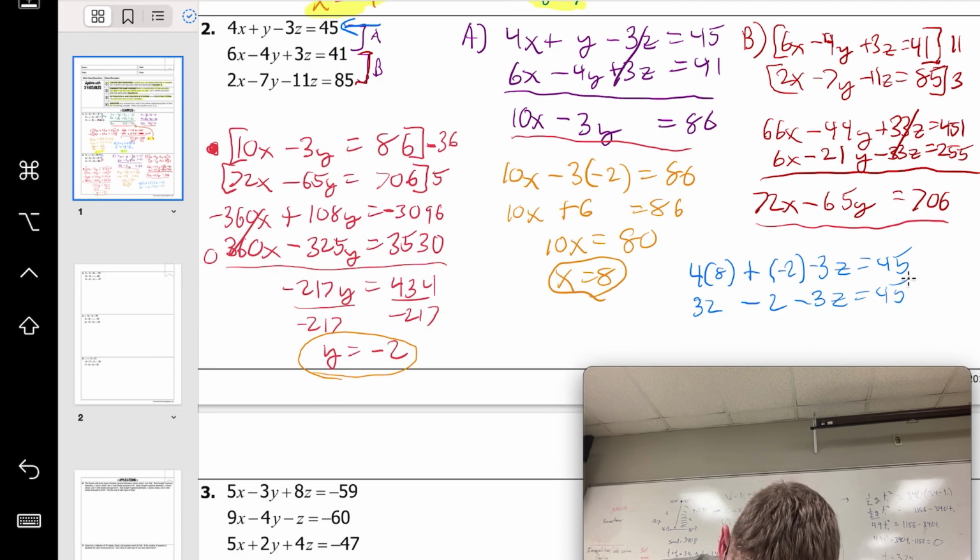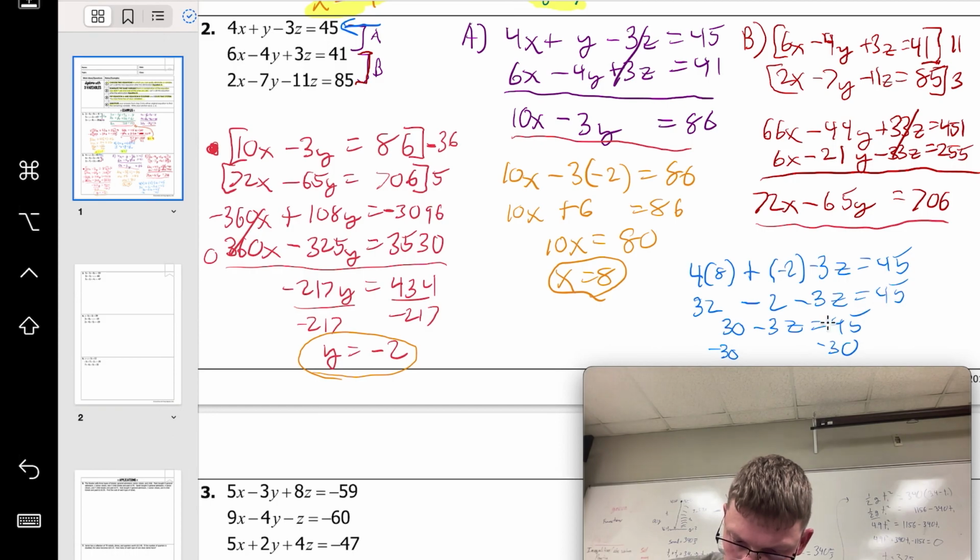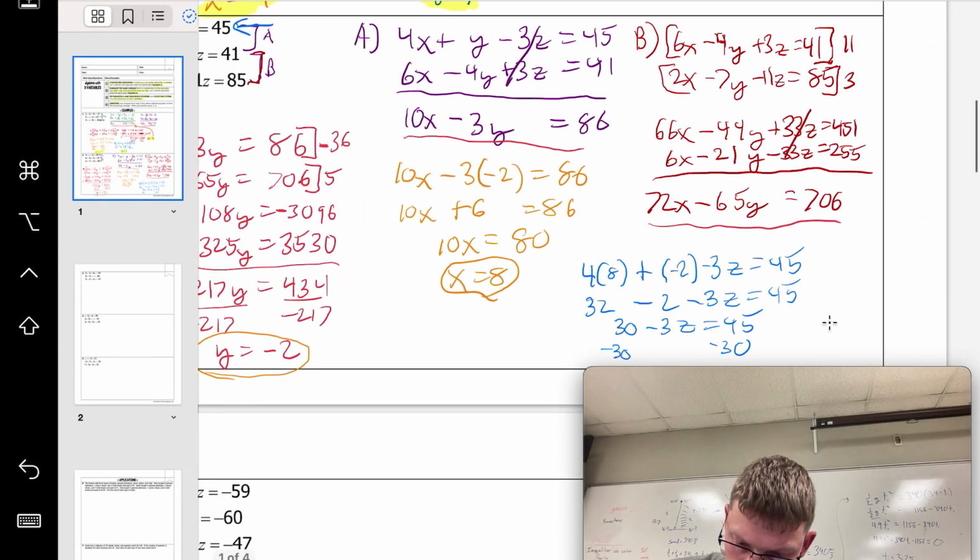So then we got 30 minus 3z equals 45. We're going to subtract 30 from both sides.